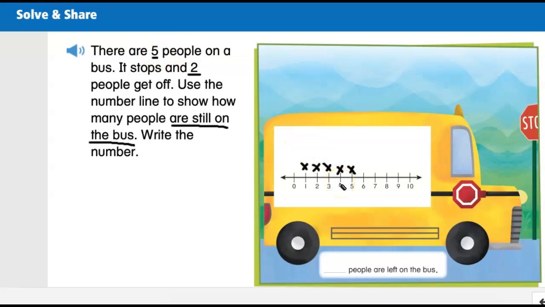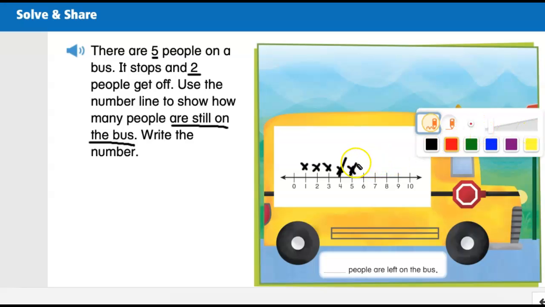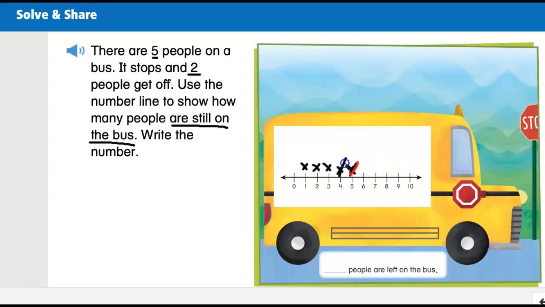And then it tells us 2 people get off the bus. They leave the bus. So if you are doing X's, we can count off 1, 2 people who got off of the bus. I'm going to use red. So 1, 2 people get off the bus. So that leaves us with 1, 2, 3 X's or 3 people left on the bus.